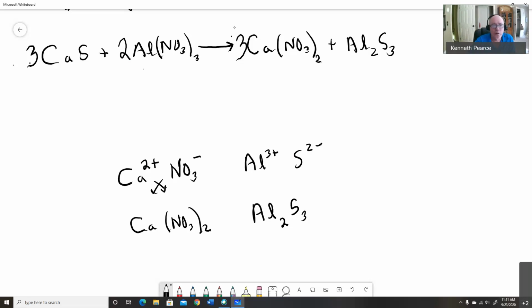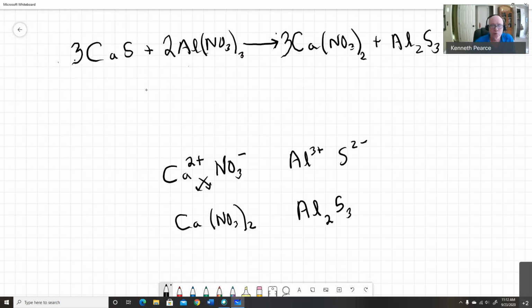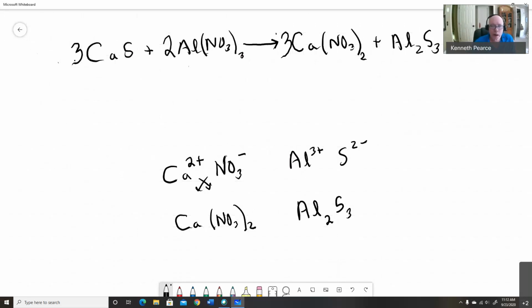That gives me 6 nitrates, and I have 3 times 2 in the parentheses for the nitrate, and that gives me 6 nitrates on both sides. So now this equation is balanced. Okay, so when we have the balanced equation, we call that the molecular equation.